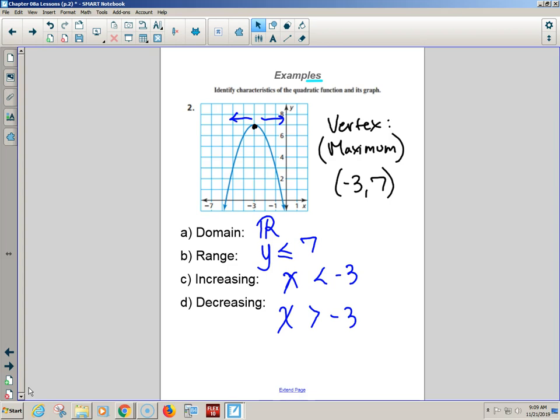You start going down. So the increasing, decreasing is saying, oh, hey, the heights are going up. Sweet. Which direction? This way of -3. And the little inequality shows us less than -3. And then my heights are falling, decreasing anywhere right of -3. And the little inequality, the greater than, shows us that.